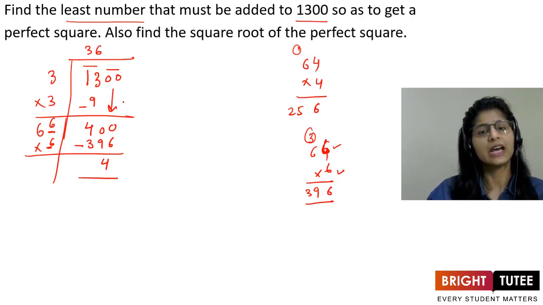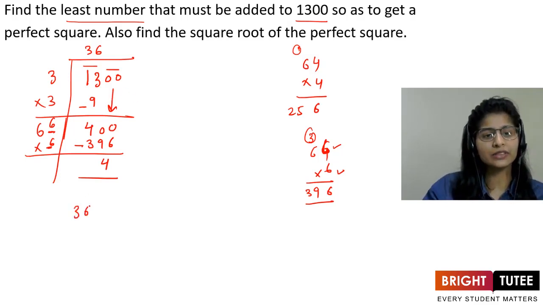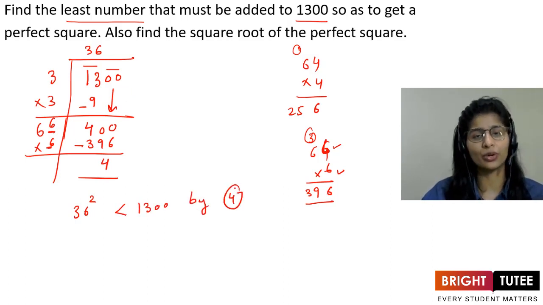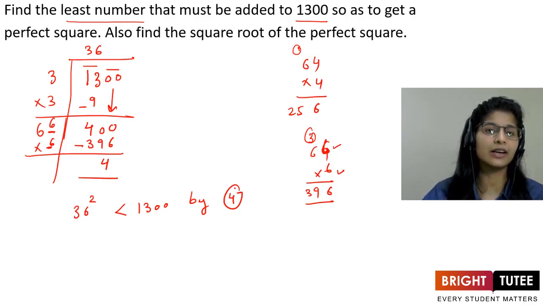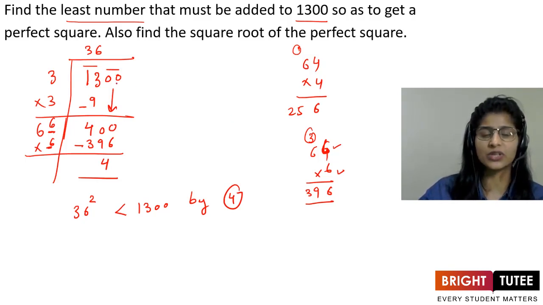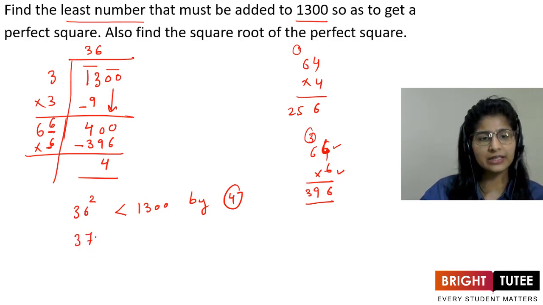We need some changes. Now we know that square of 36 is less than 1300 by 4. So we can't subtract 4 and get 1296, because we are going to add something into 1300. The number should be more than 1300. Just after 36, the next number is 37. So square of 37 is 1369, right?